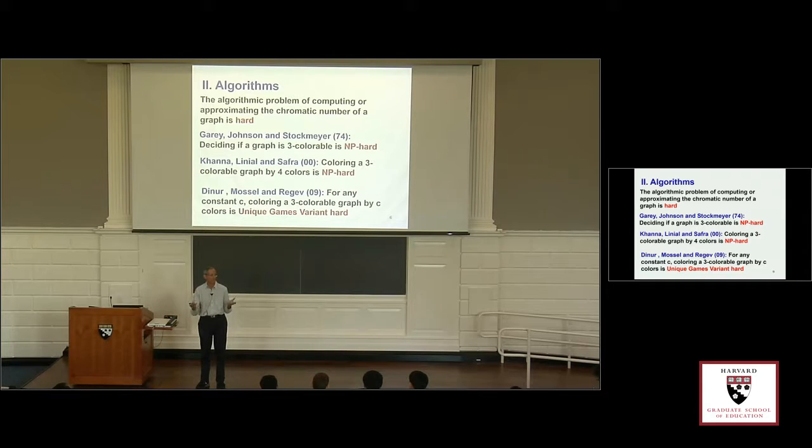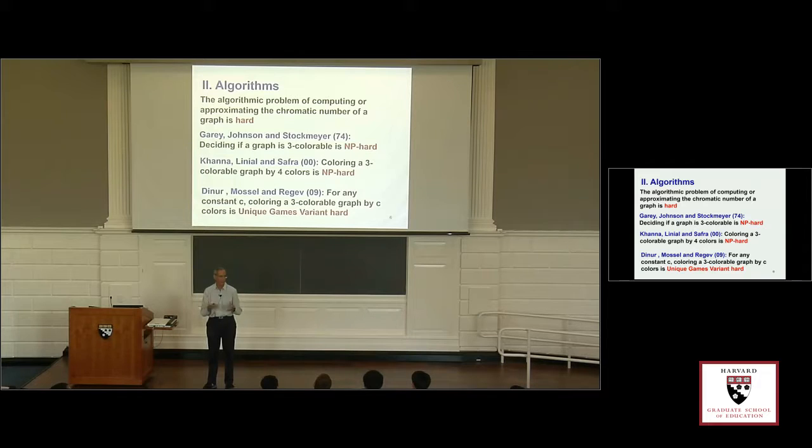So there is some evidence for that, and also the best algorithms that we know for it show that it's hard in the sense that we've not been very successful. So let me tell you briefly about that. I'll not talk much about complexity classes, but I'll just state the results.